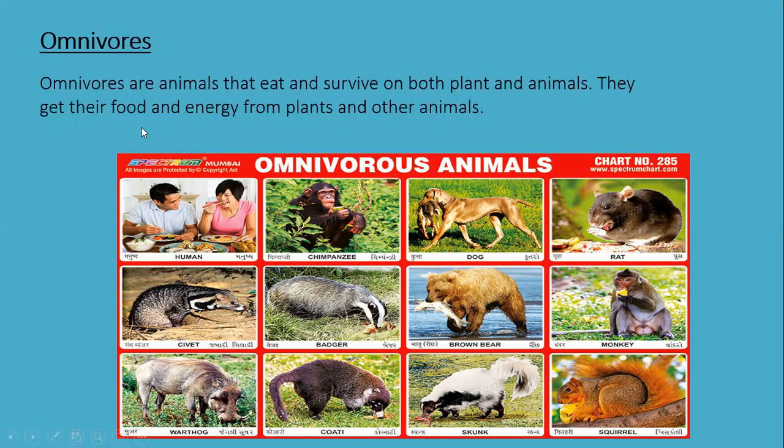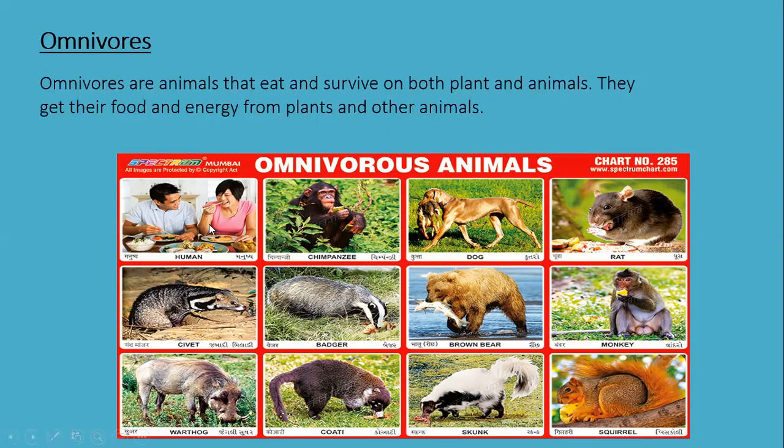So they get their food and energy from plants and other animals, just like human beings. We love to eat chicken, mutton or beef. And if we do not get this, then we can survive by eating vegetables, fruits, and plants.